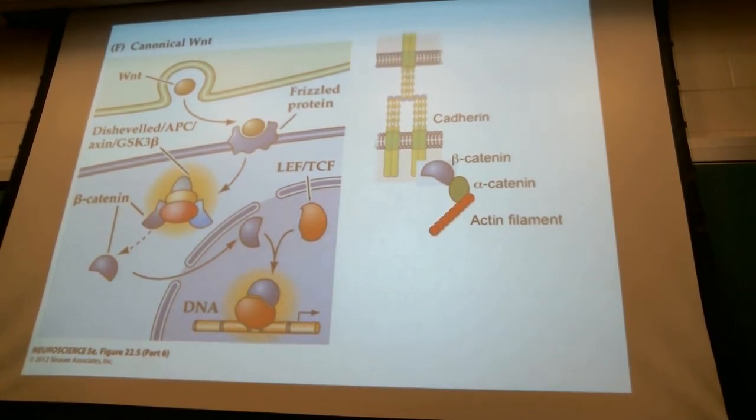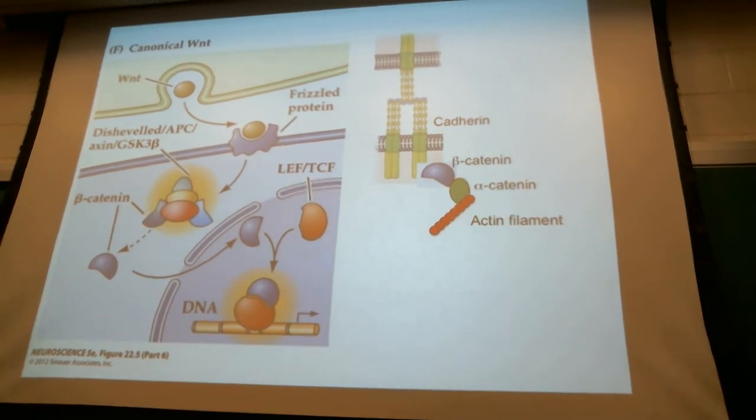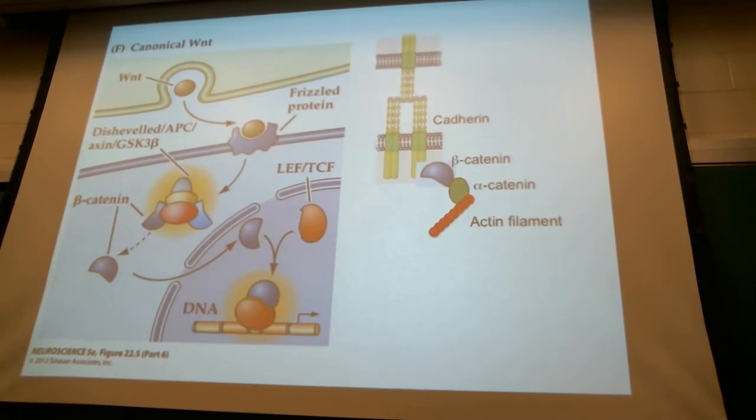Usually, like I said, neural crest has a lot of cadherin, so the cells stick together. Beta-catenin is in the complex, but sometimes it comes out, especially when snail starts to be expressed. Then cadherin is gone, and beta-catenin will be released.